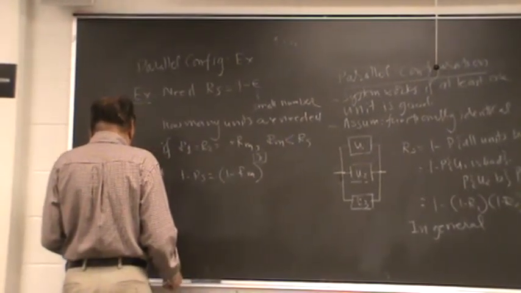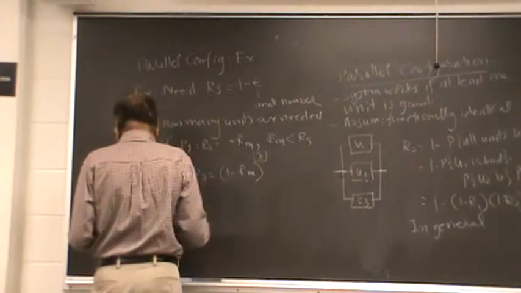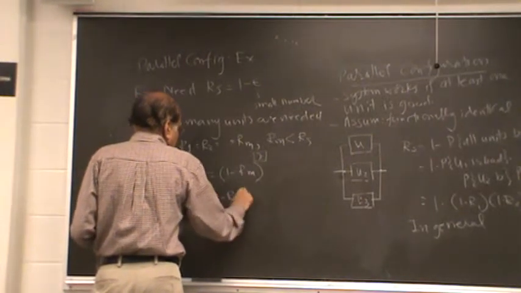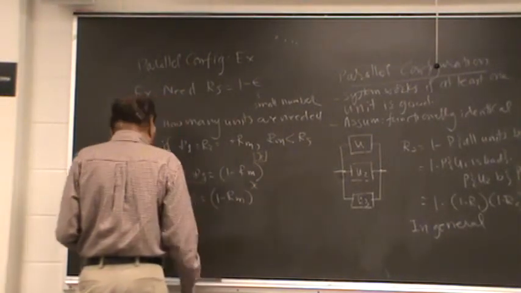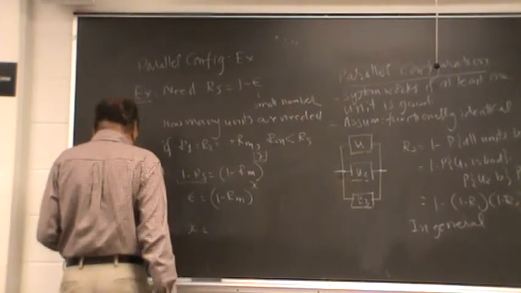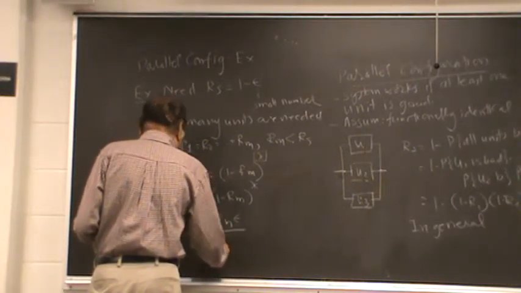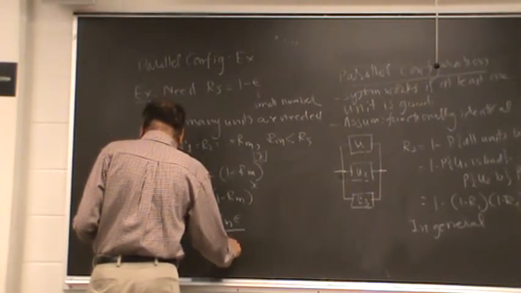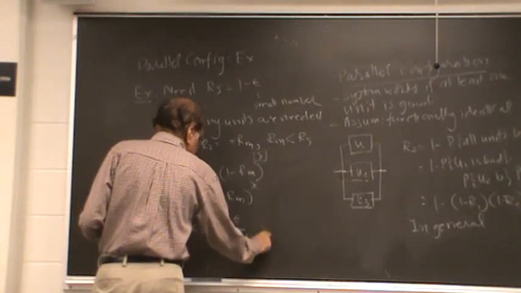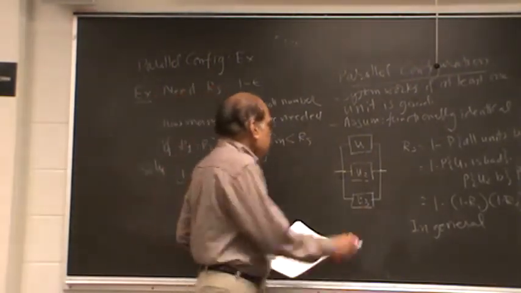Remember that 1 minus Rs is epsilon, so epsilon is equal to (1 minus Rm) raised to x, and with a little mathematical rearrangement we get, and here I could put some numbers in there.